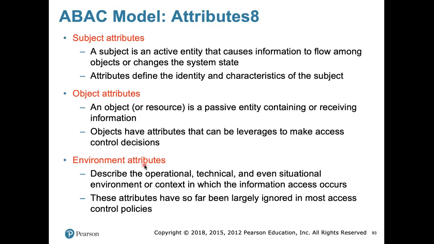In attribute-based access control, we can define attributes that describe the environment or the situation, the operational, technical, and even situational environment or context in which the system is working. These can all be used as attributes, which of course have been ignored in DAC and role-based access control.